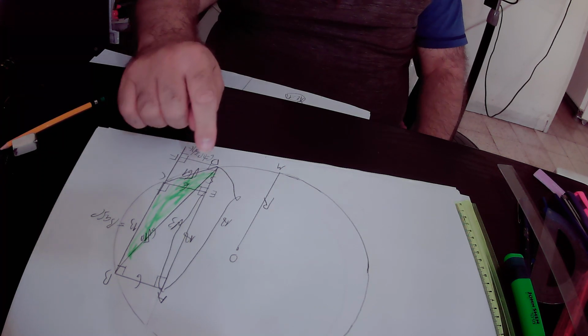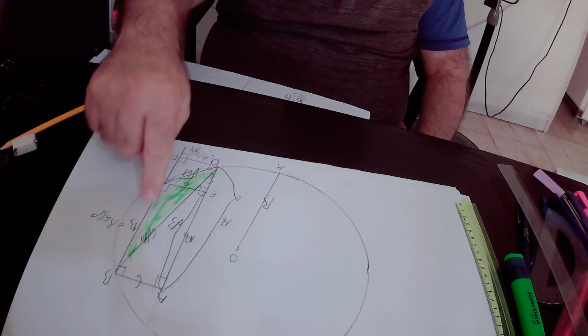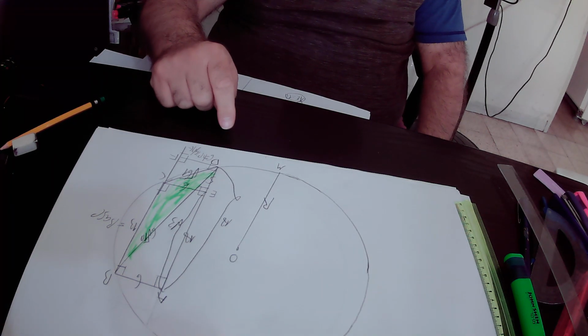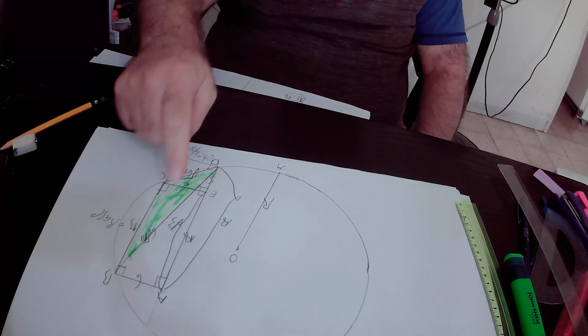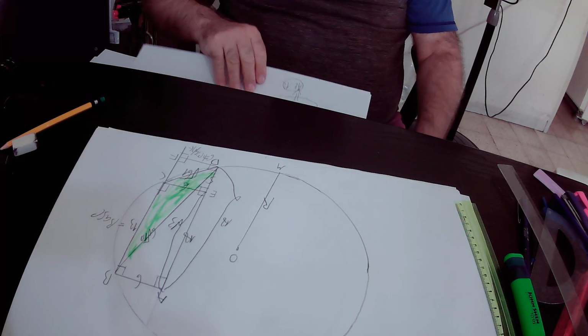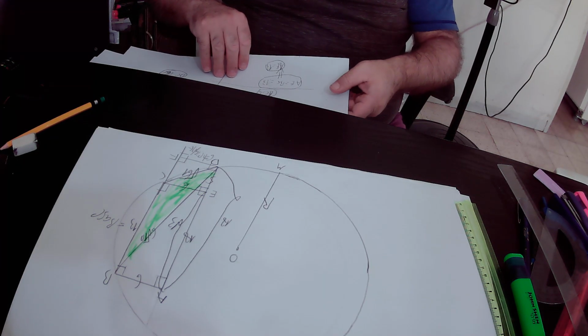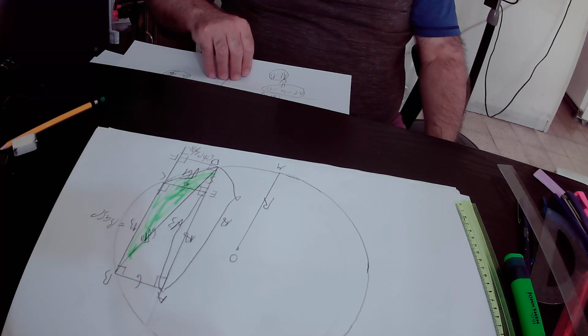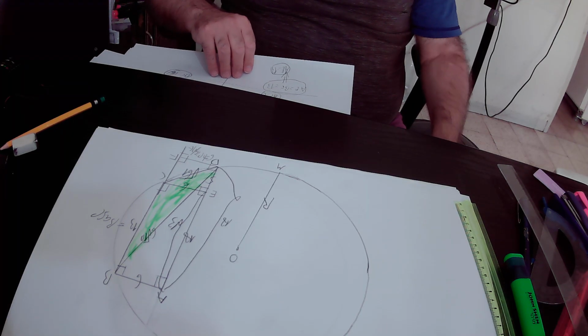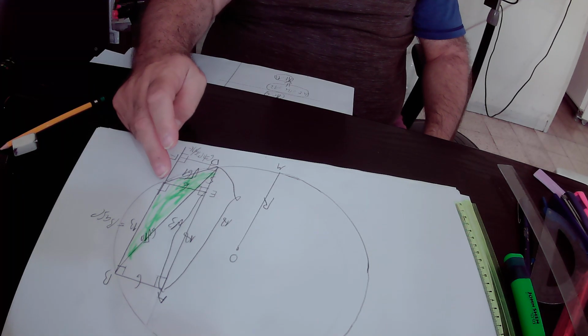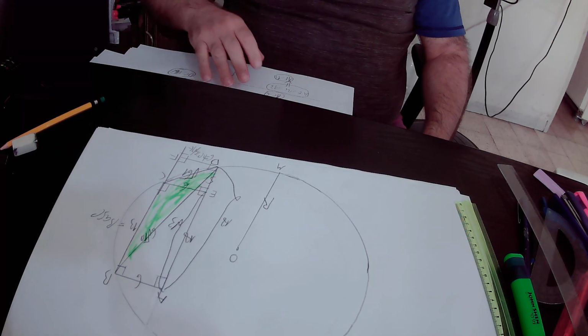So if we focus on quadrilateral ABEC, in quadrilateral ABEC we have 3 right angles. The sum of 3 right angles is 90 degrees times 3, which is 270 degrees, plus the missing angle BCE.